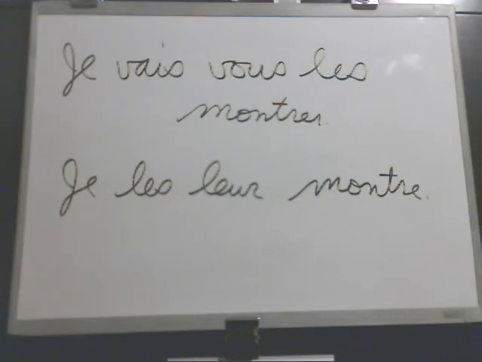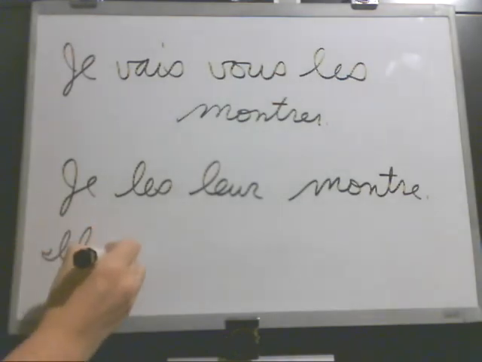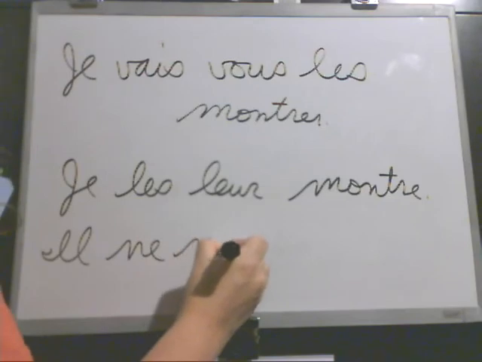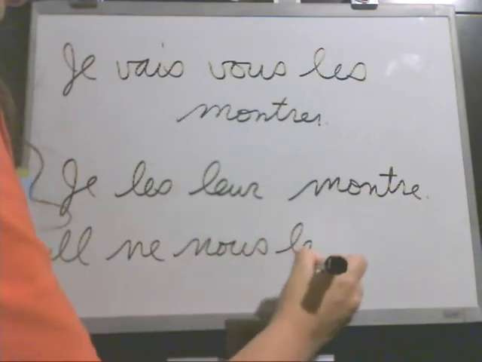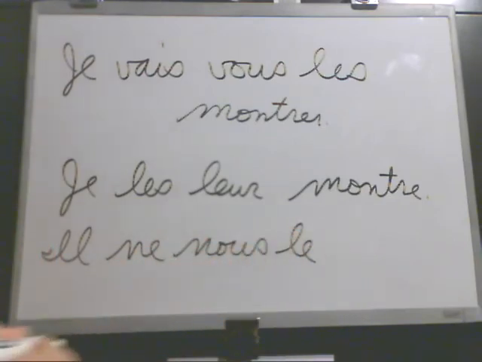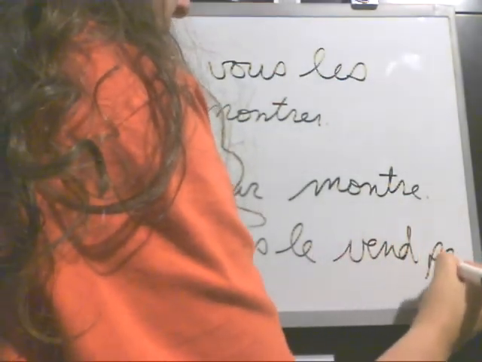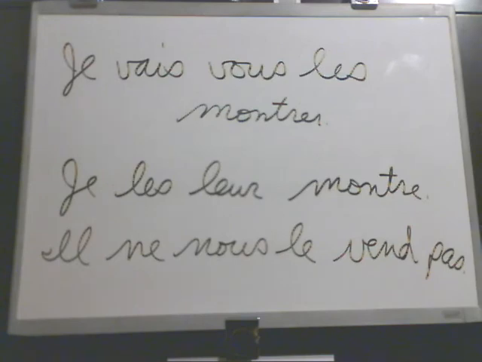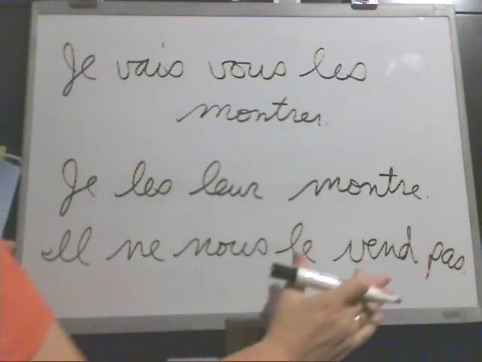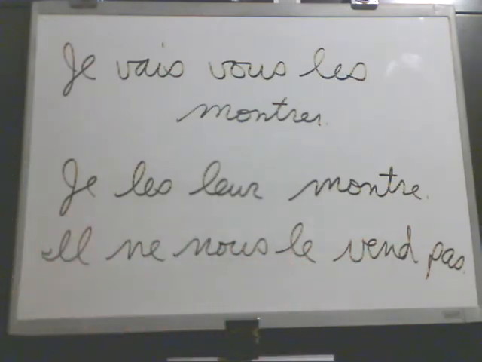We could say either way in English. So we get non, il, ne, nous, le, vend, and then we need the rest of our negation. No, he is not selling it to us.